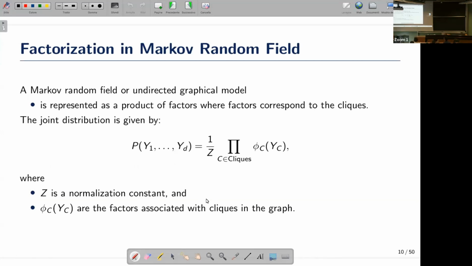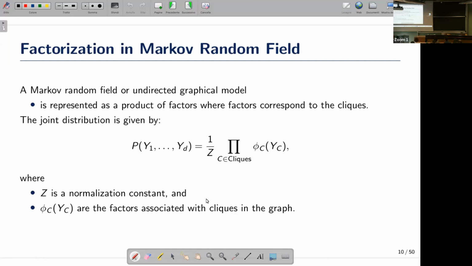Now, do you remember the factorization of the DAG? It was a product of conditional probabilities, and each conditional probability was one node given its parents, right? Here, the factorization of the joint probability is given by the product of factors. These phi are the factors we said, right?